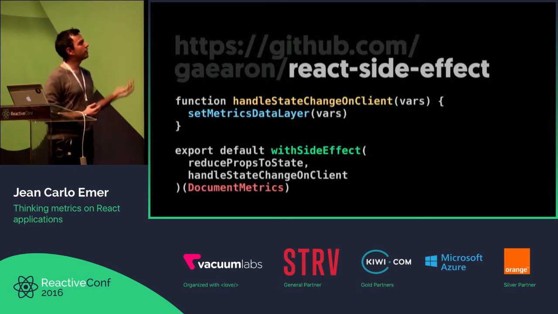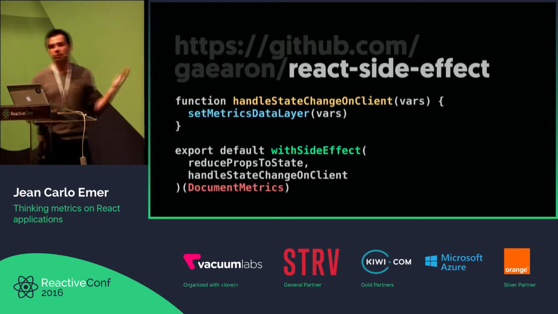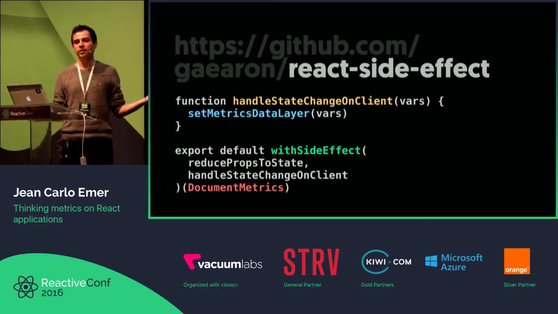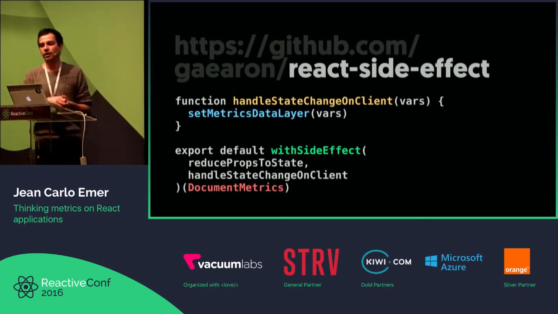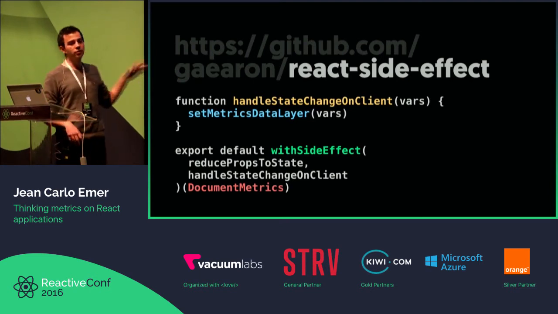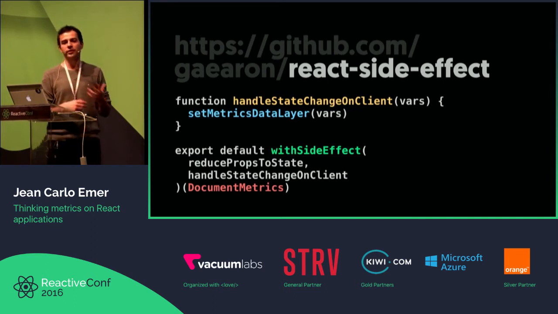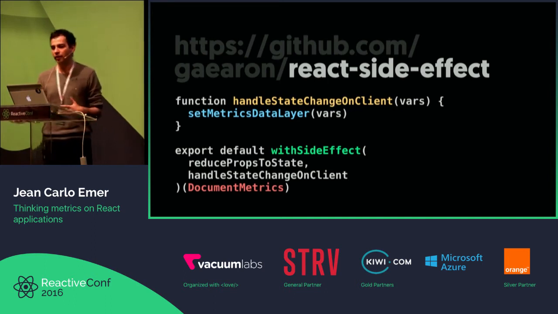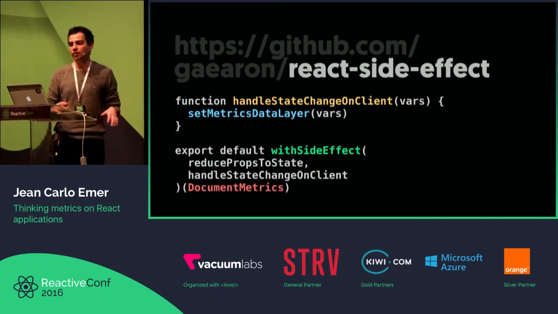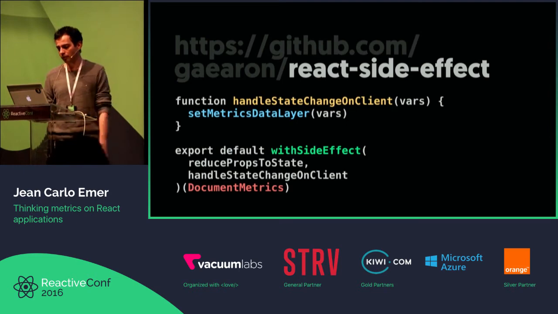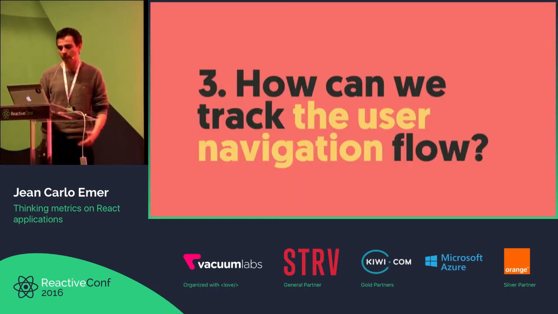For that, we use React side effect. It's a very good project, and we can deal with a lot of components on the page that change a global state. Using that, we can receive information about the user or the app versions and send it to Google Analytics through custom dimensions.